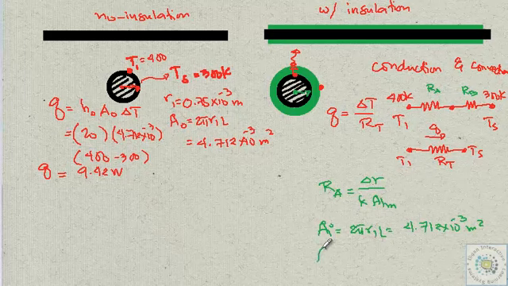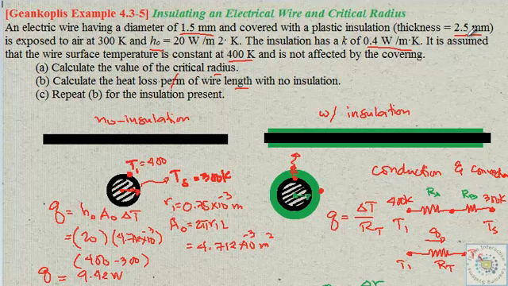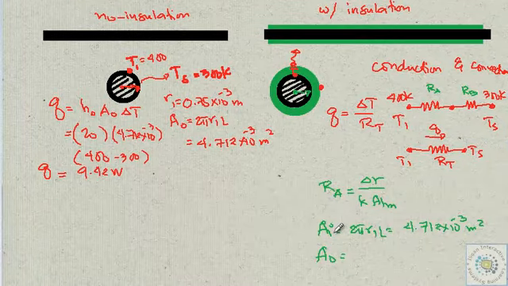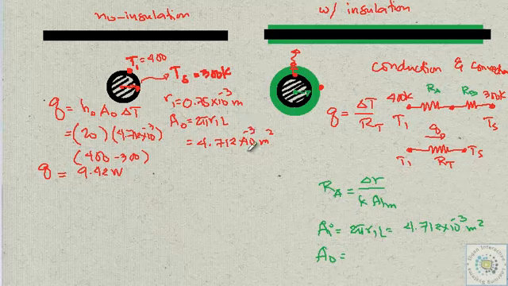The only problem is what will be the AO. Now, we are given that the radius of your wire is 0.75 times 10 to the negative 3 meters, and the insulation is 2.5 mm thick, which means the outer radius will simply be the inner radius plus the thickness.